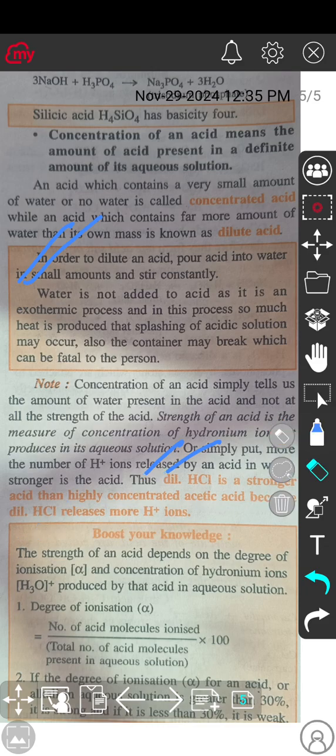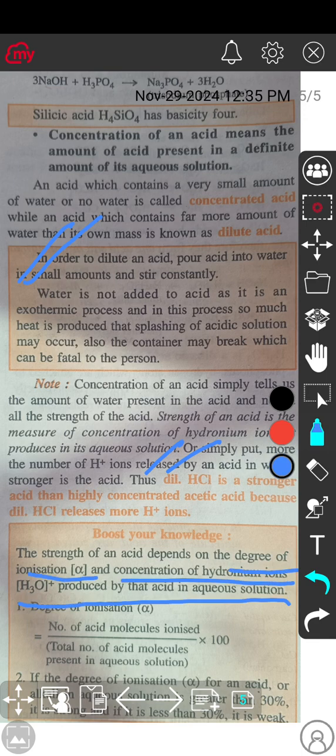Now, boost your knowledge. Strength of an acid depends on the degree of ionization and the concentration of H3O plus ions. Ionization means the conversion of molecules into ions. The degree of ionization is the number of acid molecules ionized divided by the total number of acid molecules present in the aqueous solution.